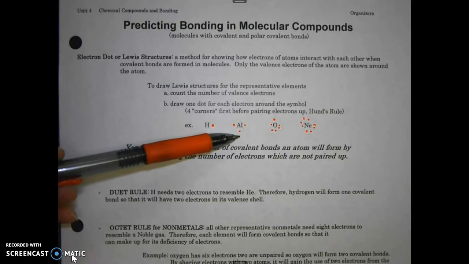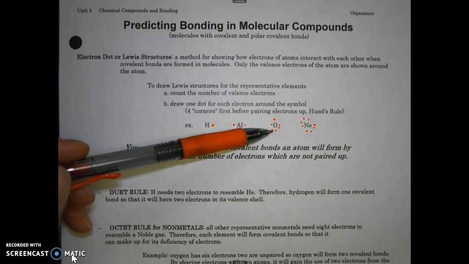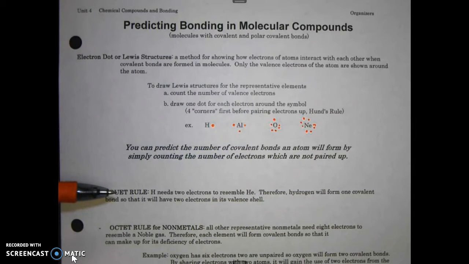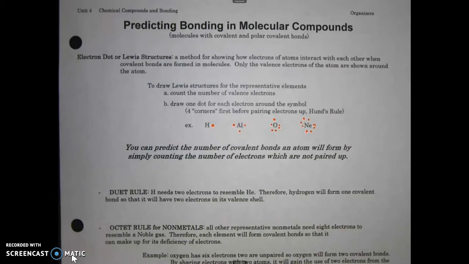Aluminum will form 3 bonds, because remember, aluminum will bond on the rare occasion. It will form covalent bonds with hydrogen. Oxygen has 2 pairs, but 2 lone electrons, so oxygen will form 2 bonds. And then neon is completely filled up. Boy, that's a bad set of dots, isn't it? Neon's completely filled up, so it will not form any bonds, which makes sense because it's a noble gas. It's got a full valence of 8.